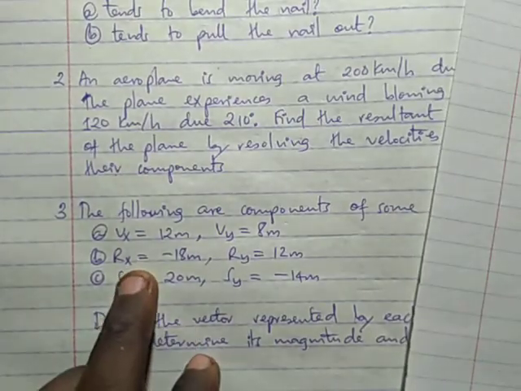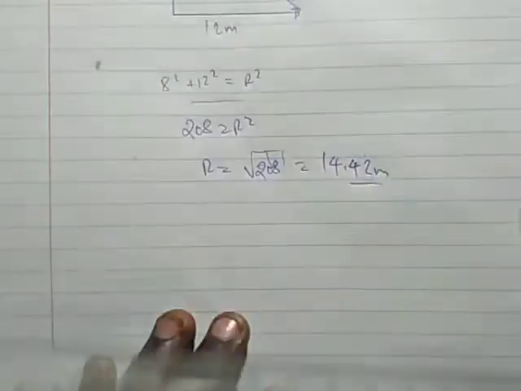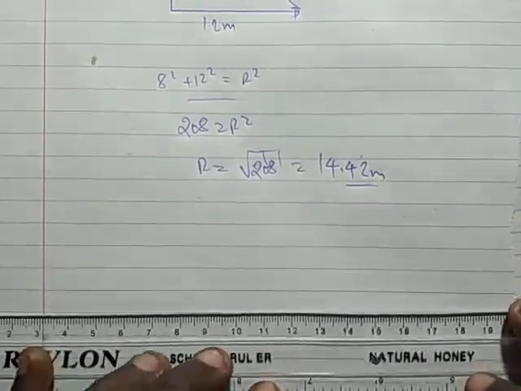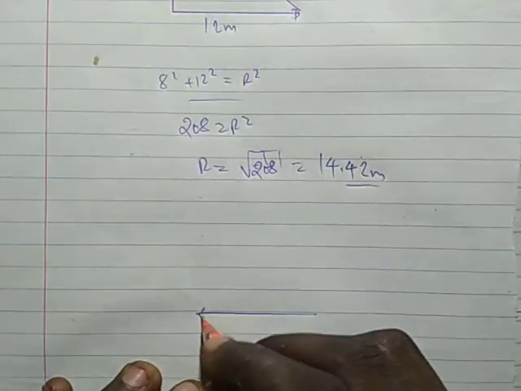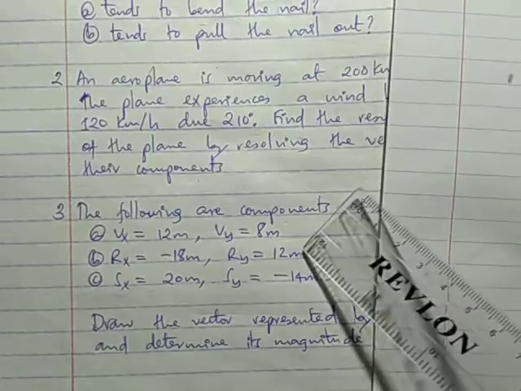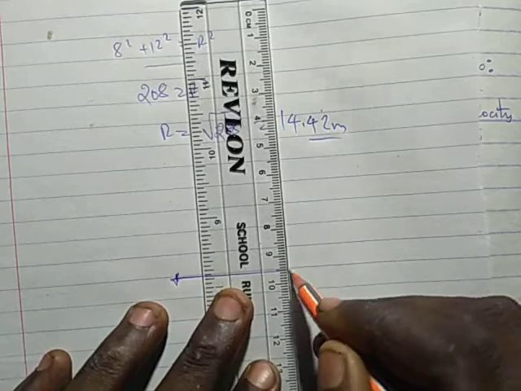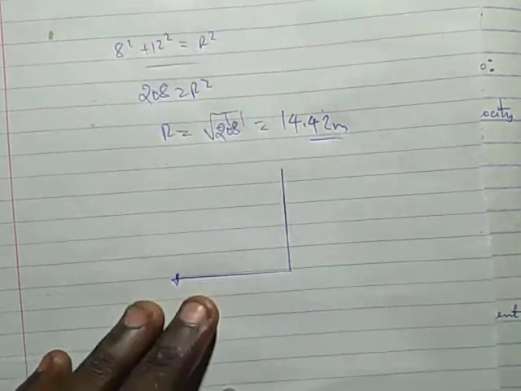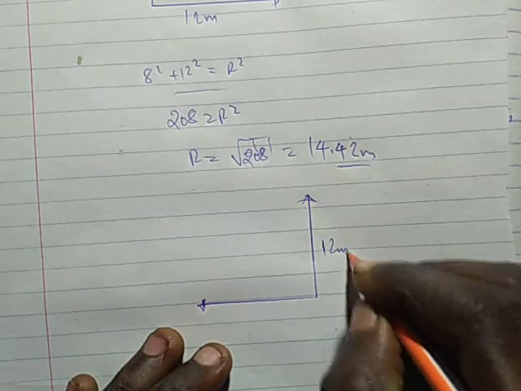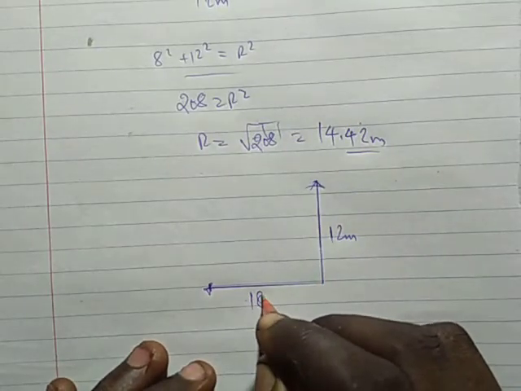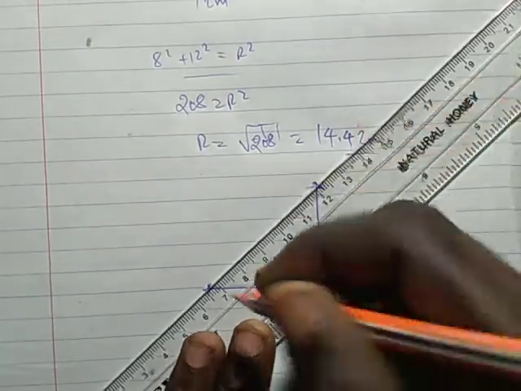Lakini kwa mfano huyu Rx alikuwa ni negative 18. So negative 18, that means alikuwa ni kutokea huku kwenda direction ile pale kwenye Rx in negative direction. And then Ry ni 12 meter, kwa sababu ile negative ni hiyo direction ndio represent negative.